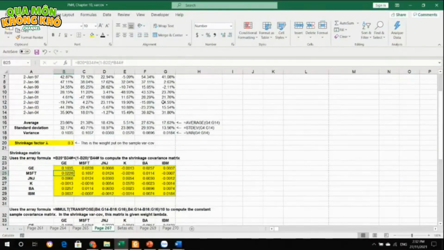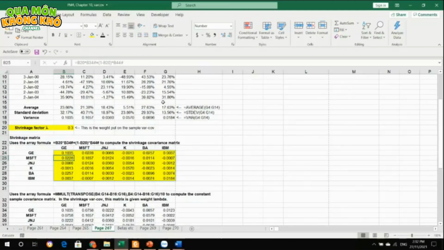In chapter 13, we will talk about that. So somehow you want to transform the covariance matrix a little bit to calculate the optimized portfolio. You can use this method to shrink your covariance matrix a little bit, so the covariances in the covariance matrix will decrease.